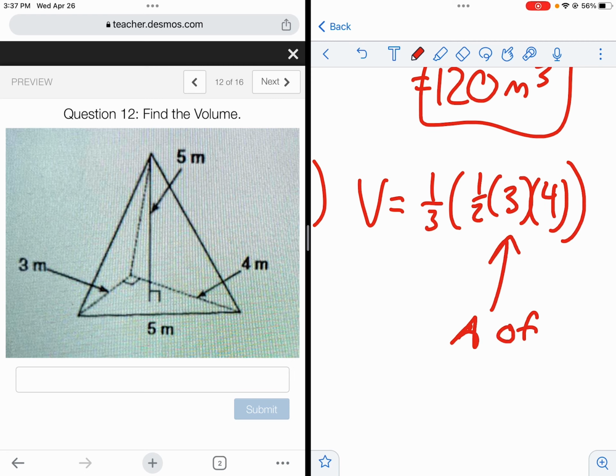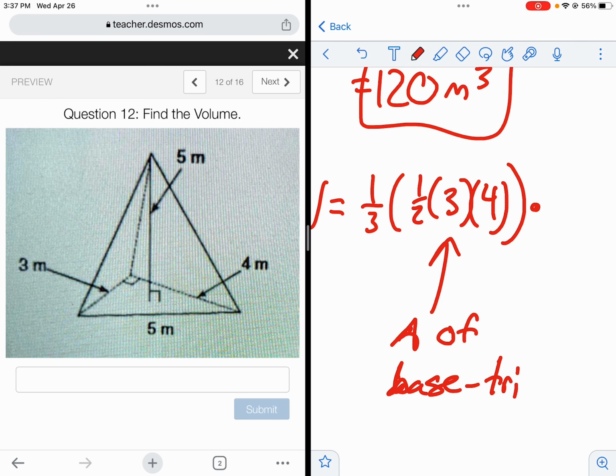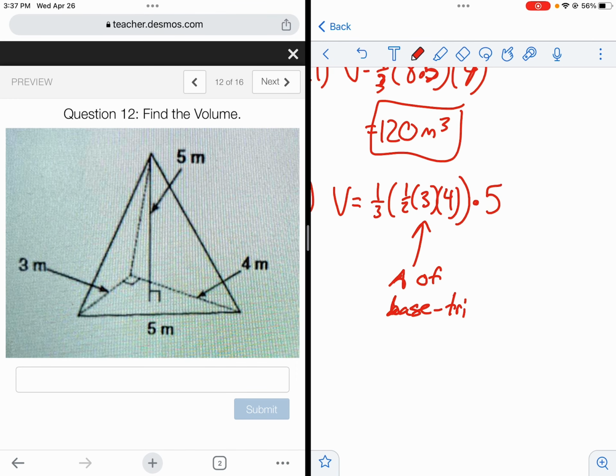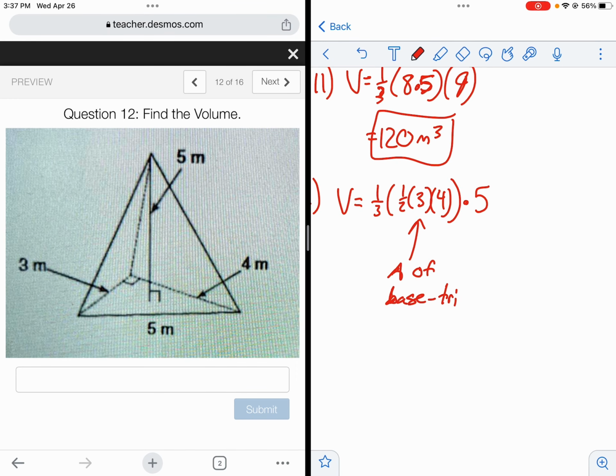Area of base, which is a triangle, times the height, which is 5. Okay, so 1/3 times 1/2. 1/3 of 30 is, did I do that right? 60 divided by 2 is 30. It is 10. 10 meters cubed is my volume.